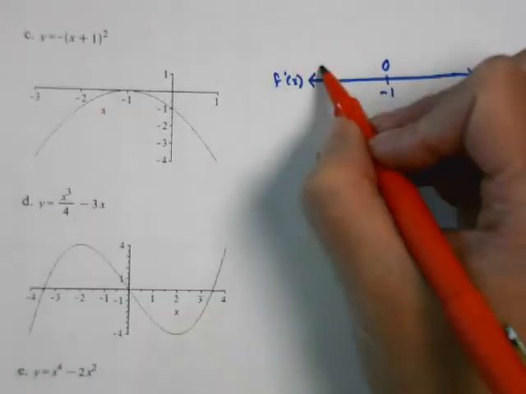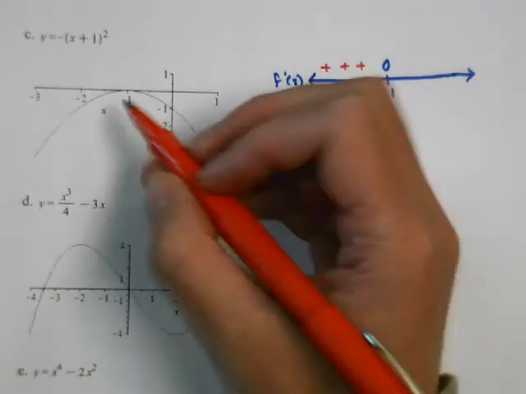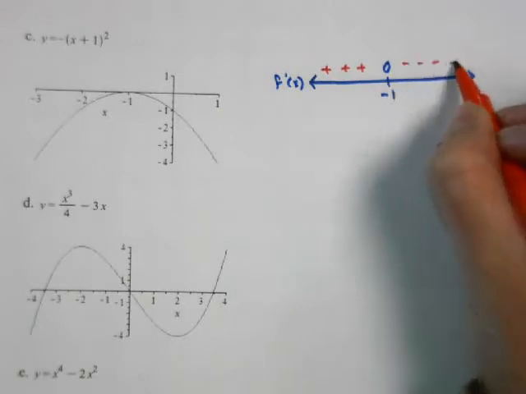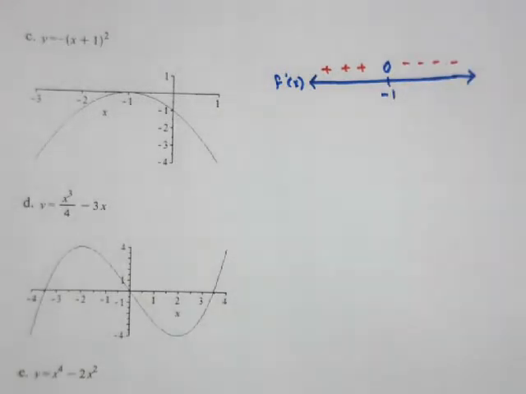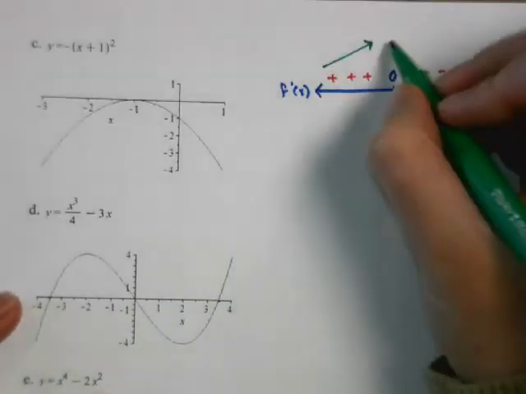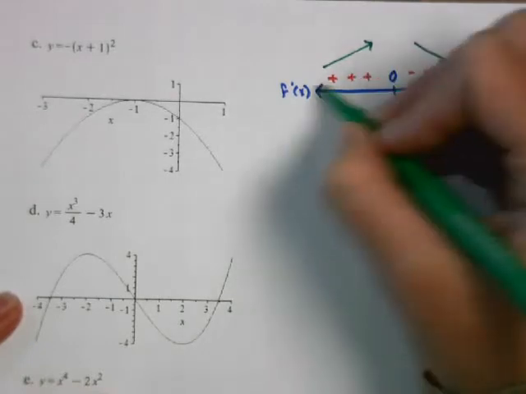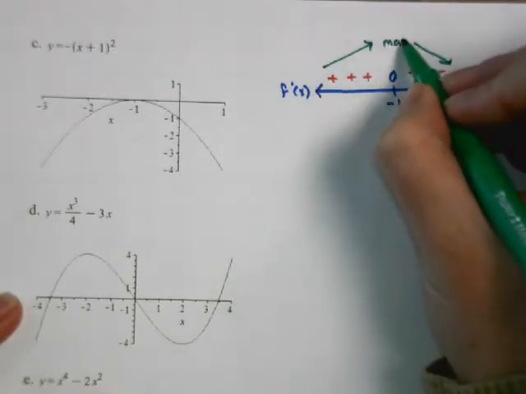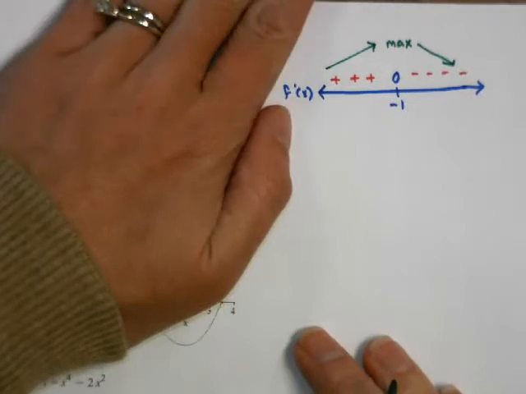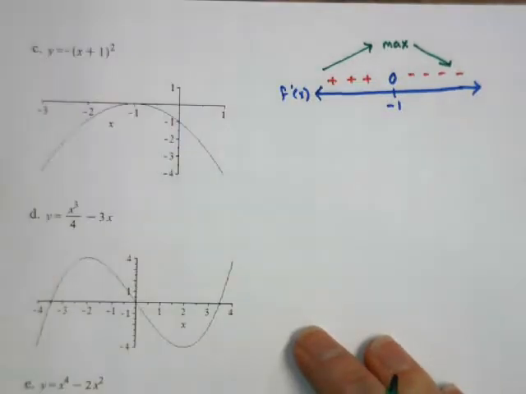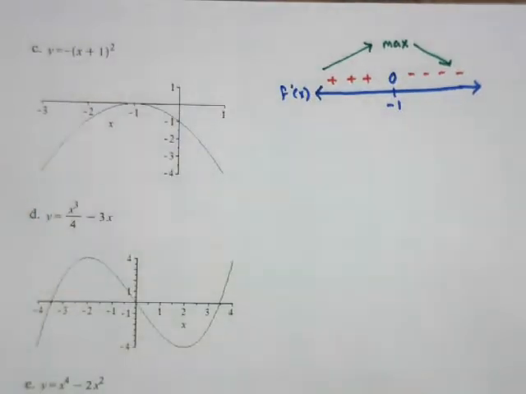This one is increasing, so the derivative would be positive. Then it's decreasing, so now it's negative. So this graph goes up, then down. So from the number line, we know this is a maximum. So again, I can tell all of that just from that number line. I don't need the graph, and that's what we're working towards.